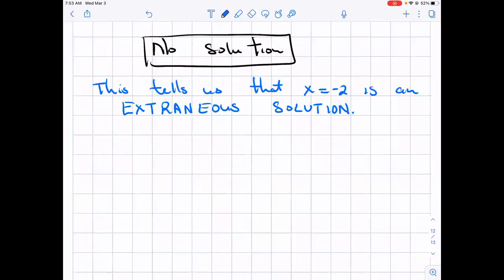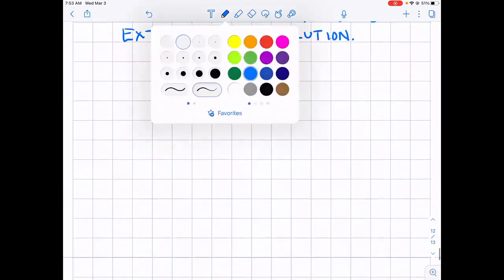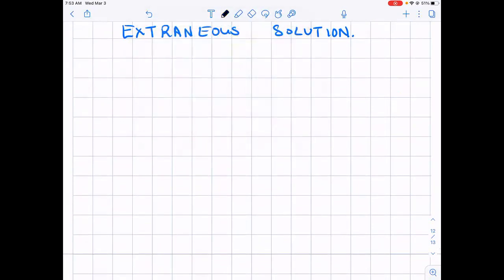So now let's look at some different types of equation, okay? And we'll look at quadratic equations, quadratics.